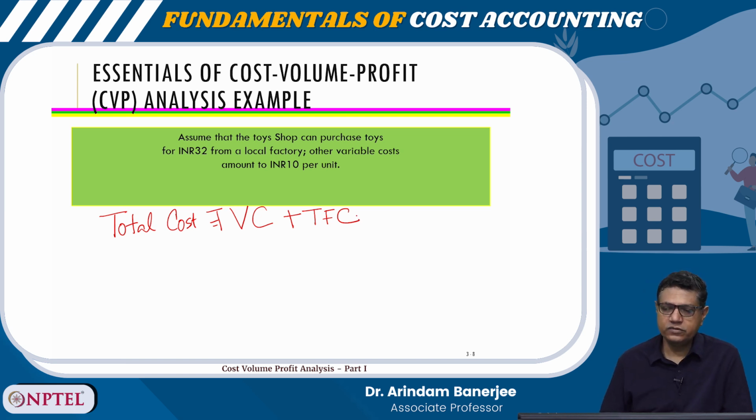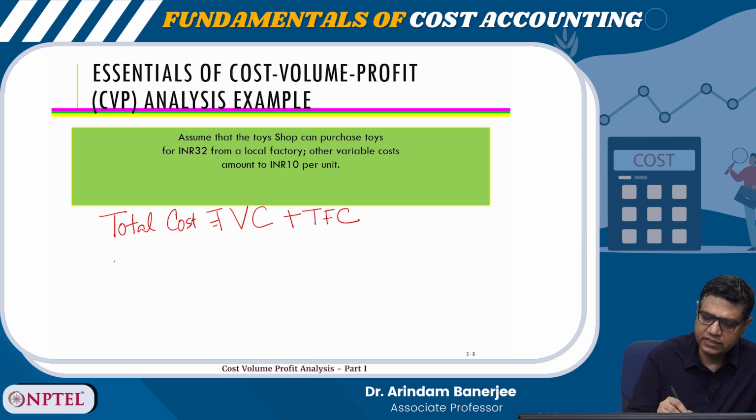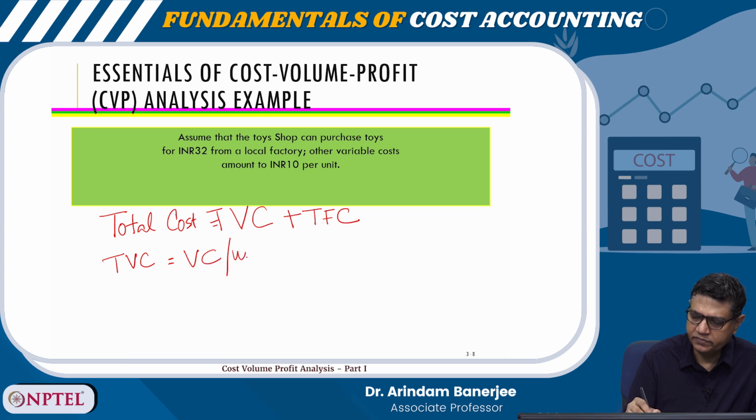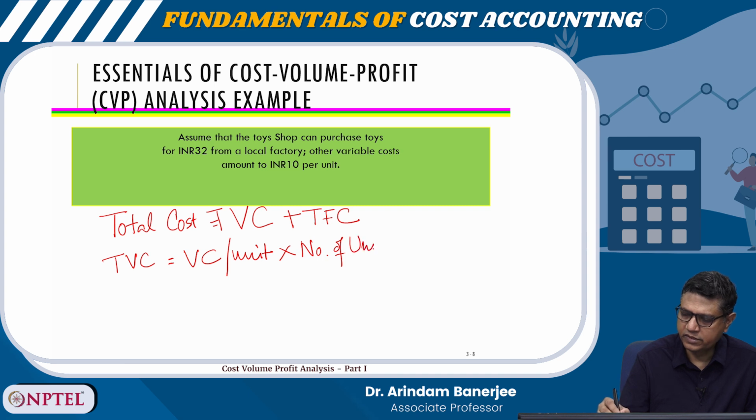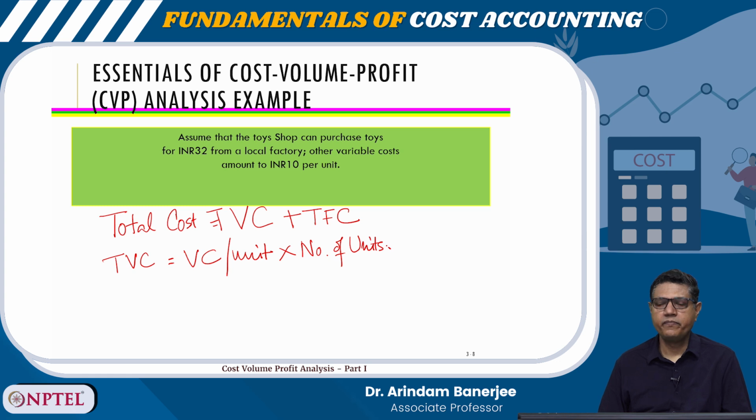Fine. Now, total variable cost is what? Total variable cost is variable cost per unit multiplied by number of units, fine.